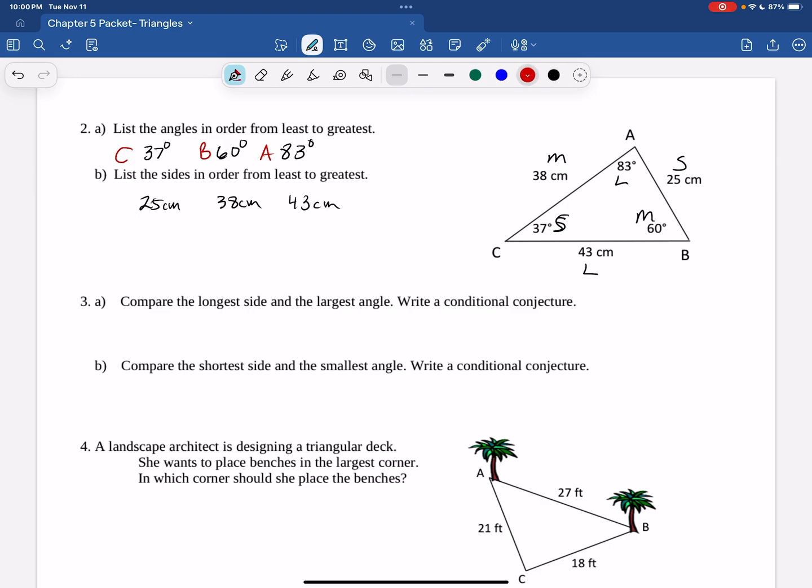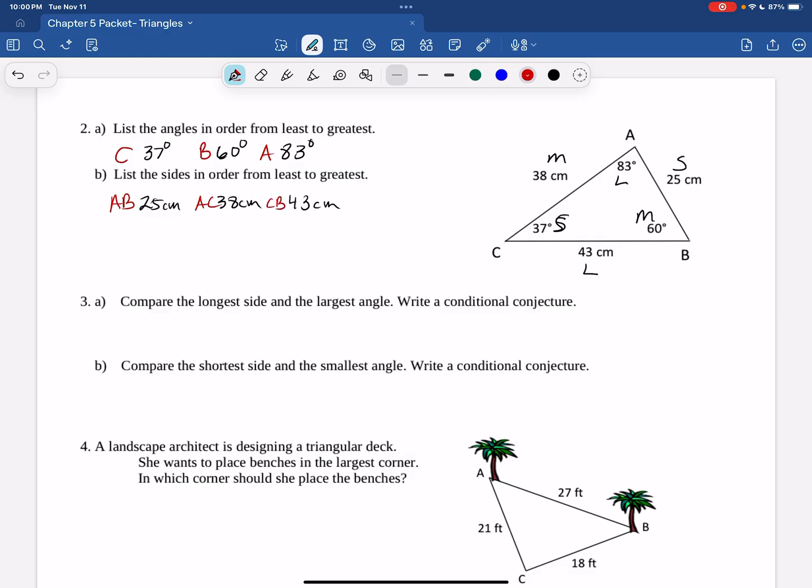Now, if I look at the sides, this is side AB, this is side AC, and this is side CB. Okay.